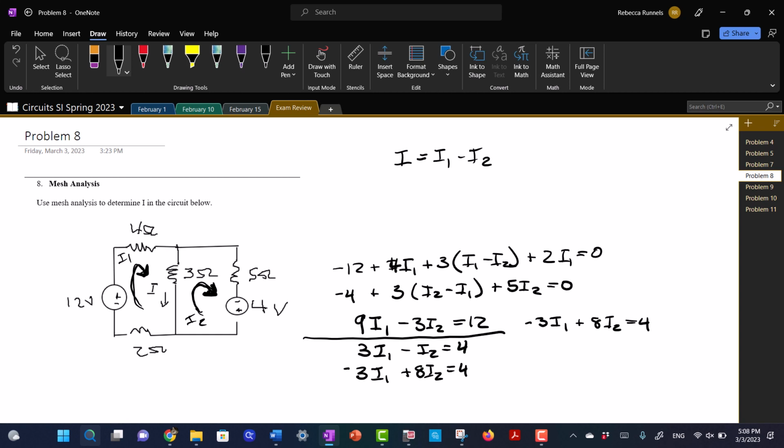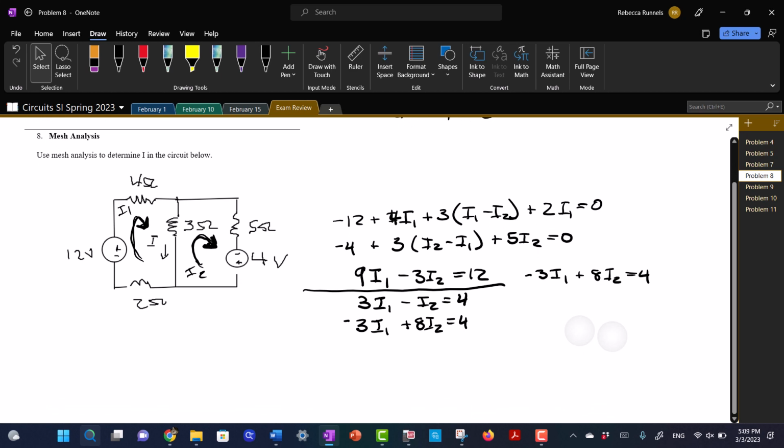And then you can divide that entire equation through by 3. You got a 4. You take 3 out here, this is going to equal 3I1 minus I2 equals 4.